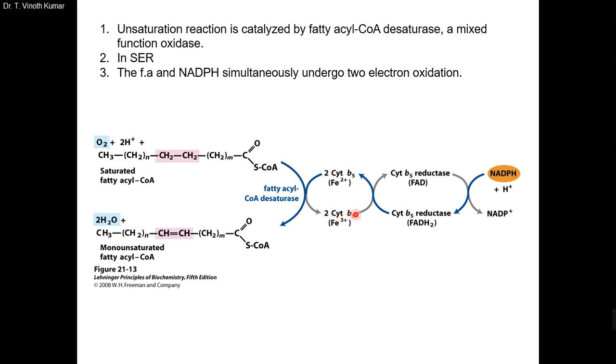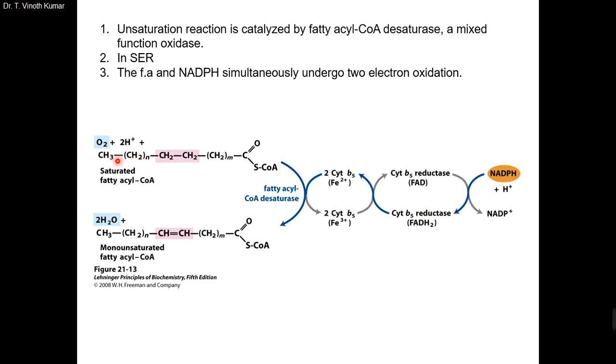So 2 cytochrome B5 Fe3 plus are converted to 2 Fe2 plus. This component is involved in the fatty acid CoA desaturase process. It will donate 2 hydrogens and be converted back to Fe3 plus, and this is a cyclic process, done automatically by the NADP, FAD, Fe2 plus and Fe3 plus substances.